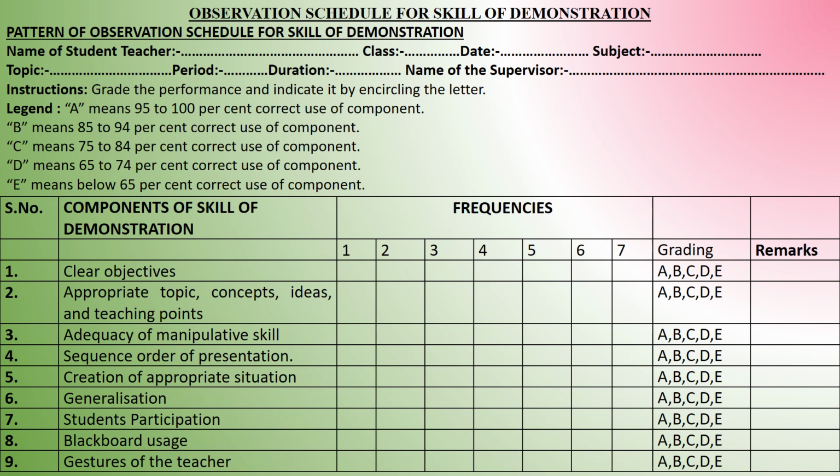In the next column, frequencies will be written, which will be further divided into 7: 1, 2, 3, 4, 5, 6, 7. After that, in the fourth column, grading will be done.